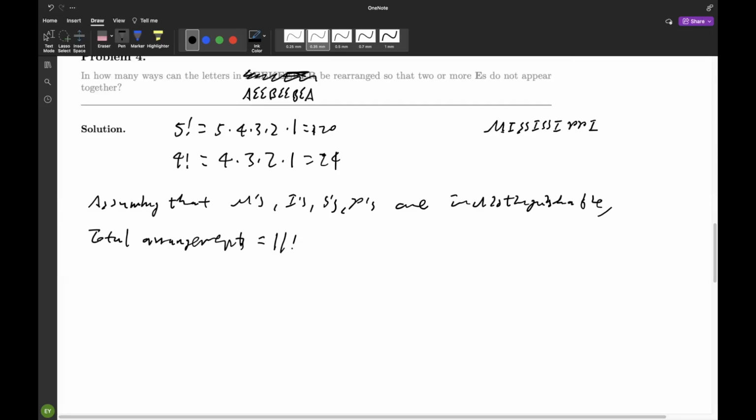So it's 11 factorial, right? Did you guys get it? Yes or no? Do you guys understand why it is 11 factorial?